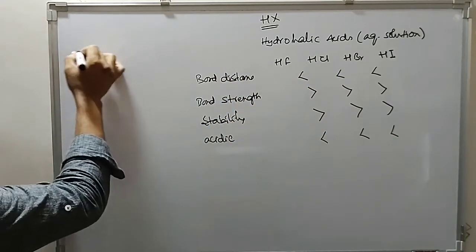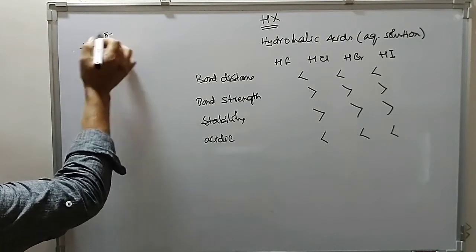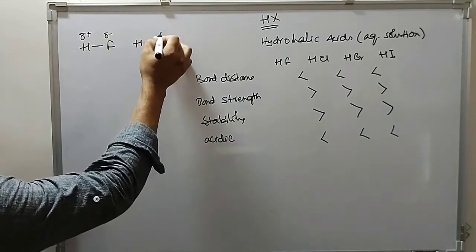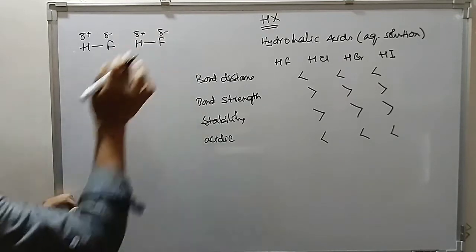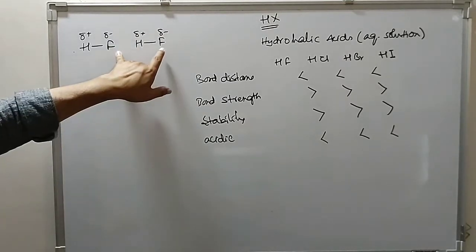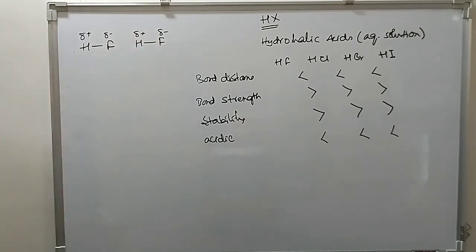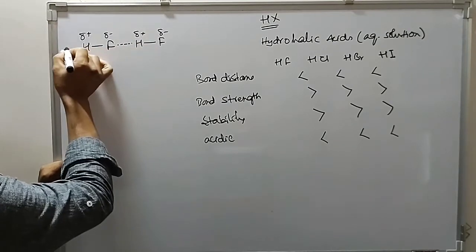So look at this. We have this HF, polarization of the bond. This reacts with another HF. Look at this. So this hydrogen, which is attached to electronegative atom fluorine, is sandwiched between two electronegative atoms, and this hydrogen is stabilized by intermolecular hydrogen bond.